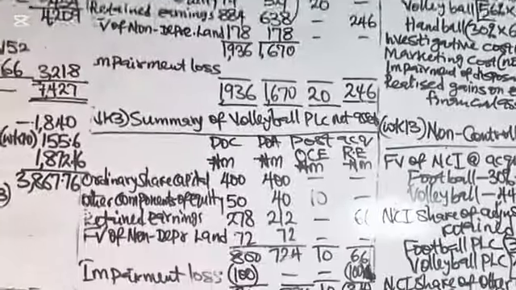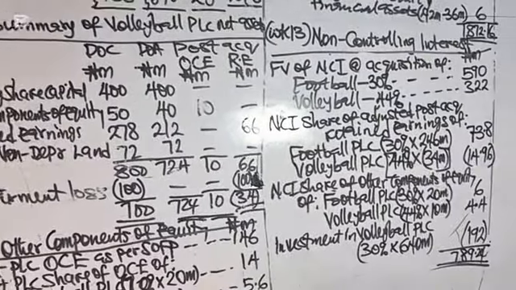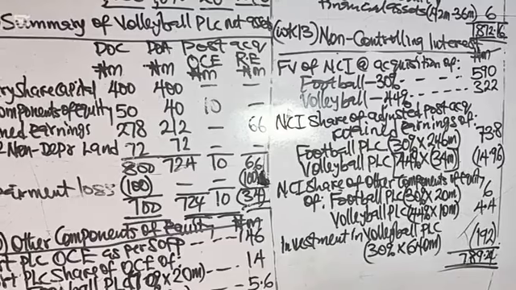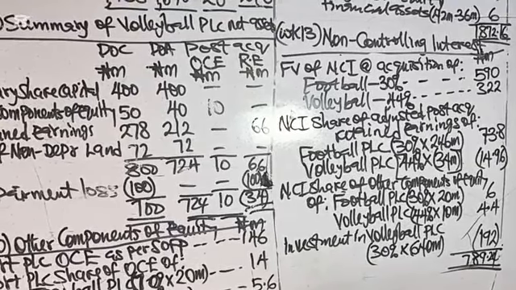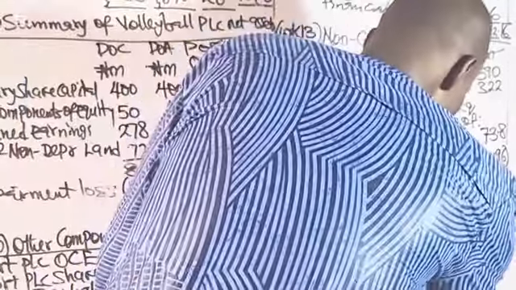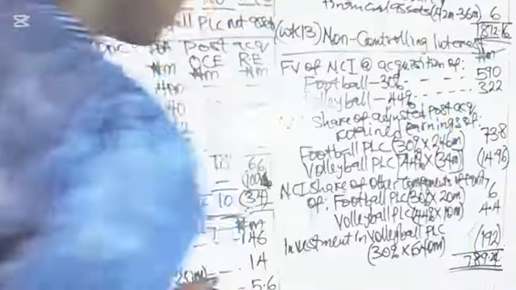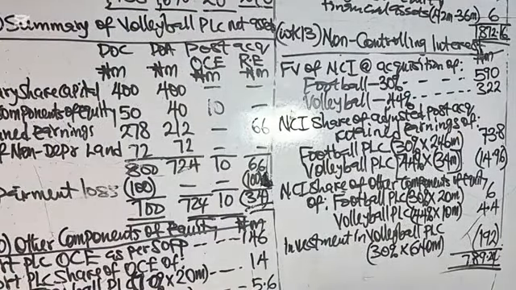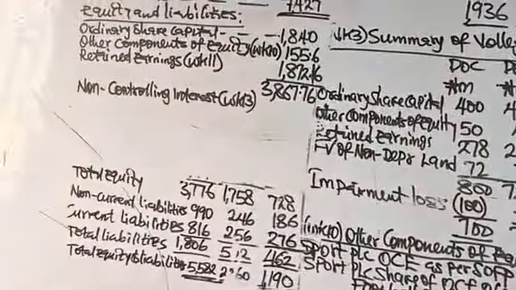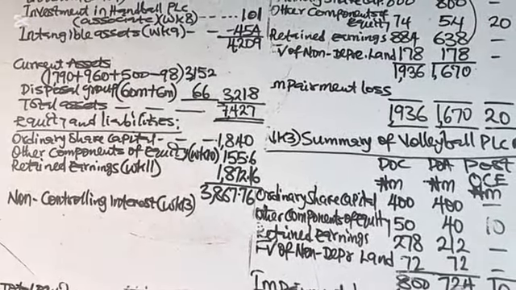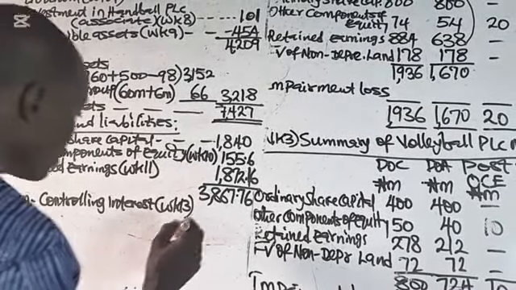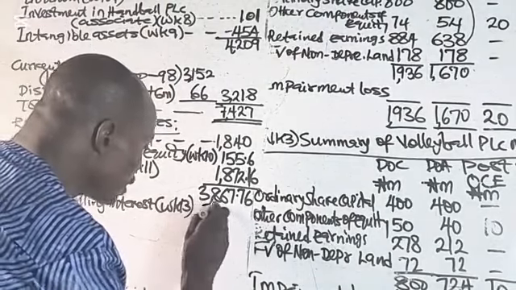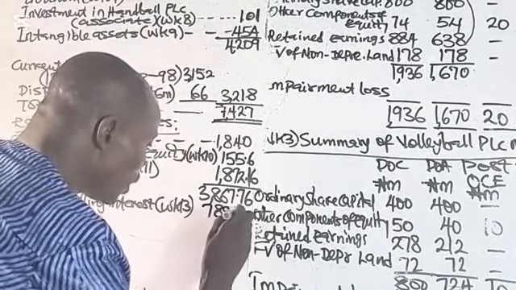The non-controlling interest that will appear in the consolidated statement of financial position amounted to 789.24.